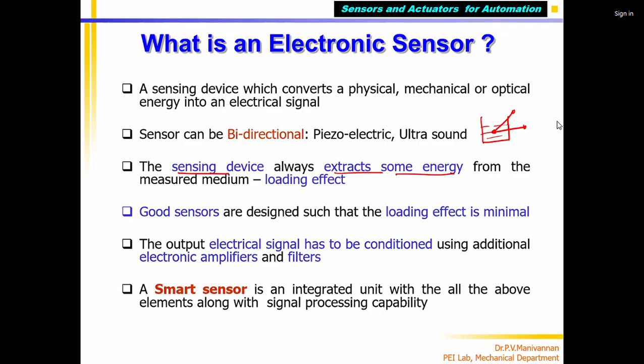Let me take a metal surface, a metal cube, that is heated. I am giving heat energy Q, so automatically the temperature of this metal cube increases.